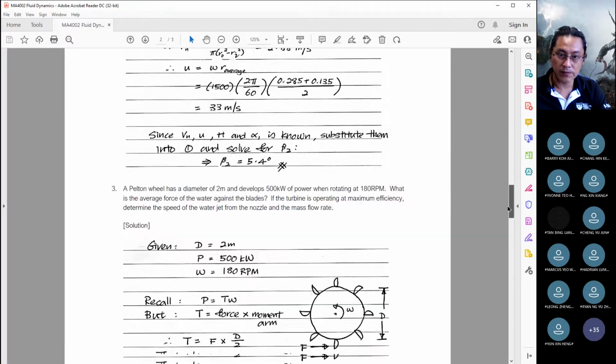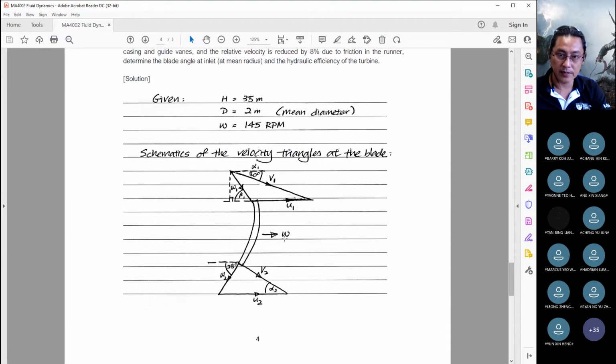For a turbine blade, look at this W1. It's flowing below the curved surface because for a turbine, the water is supposed to impart its energy by pushing the blade. So that's why W1 is in this direction, below the blade. Armed with U1 in this direction, our V1 will be here.